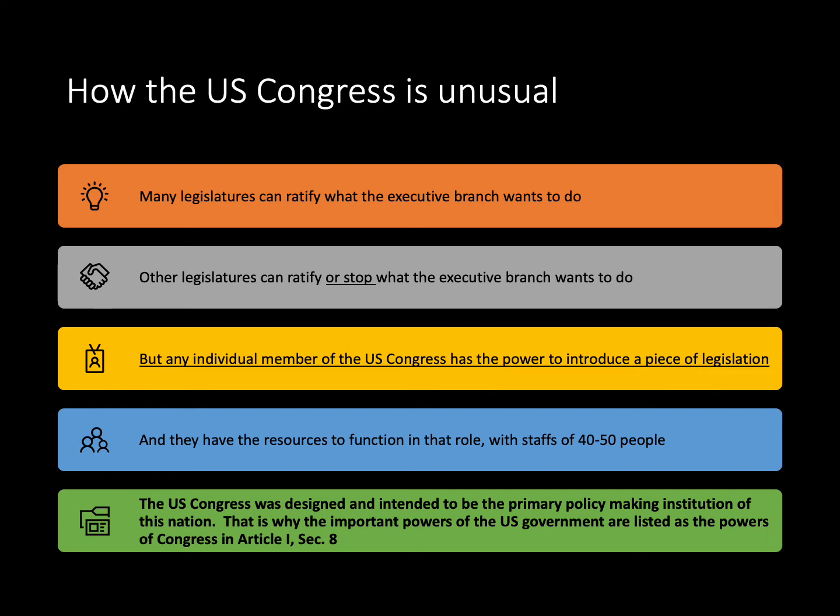And this is the point. Congress was intended to be the primary policy-making institution of the country. And that's why those powers that we talked about in Article 1, Section 8, those are the powers of the national government, yes, but they are described as the powers of Congress.